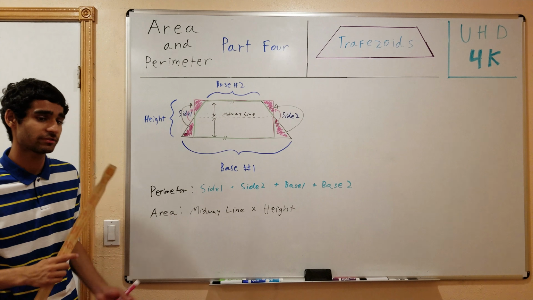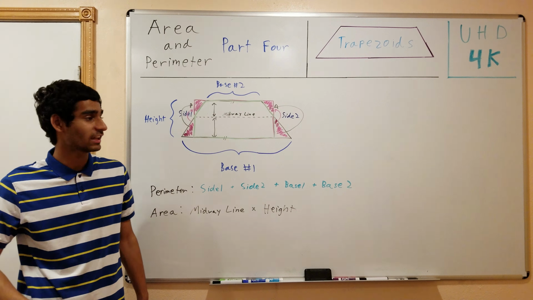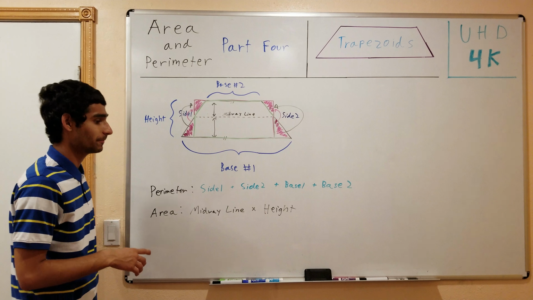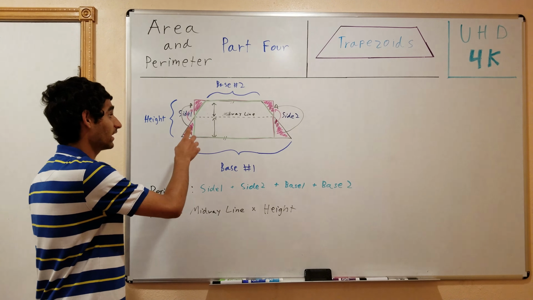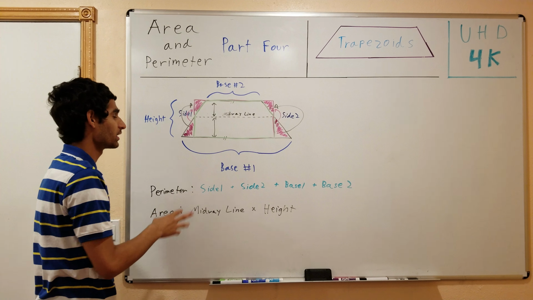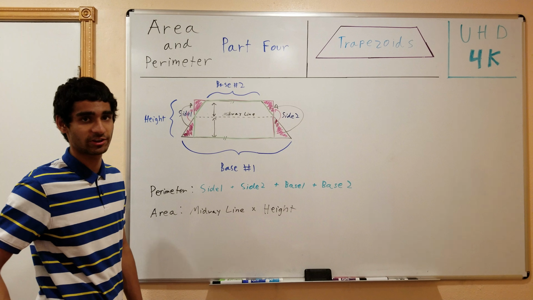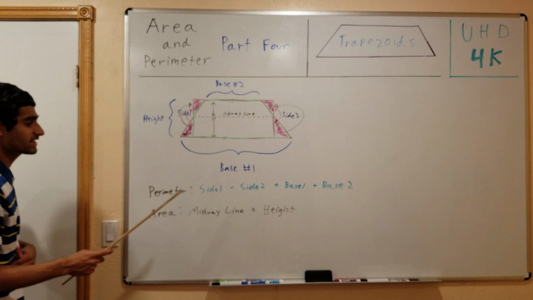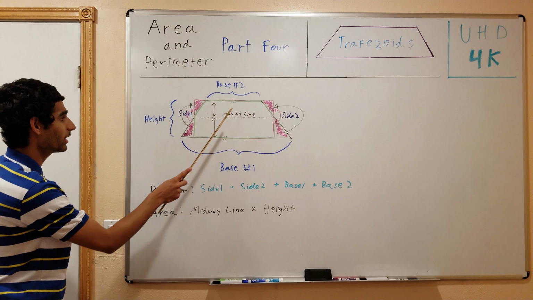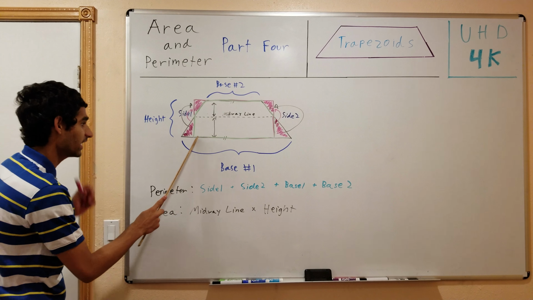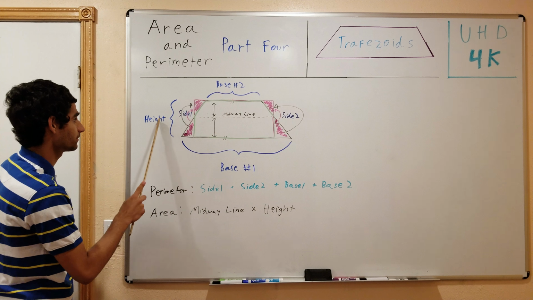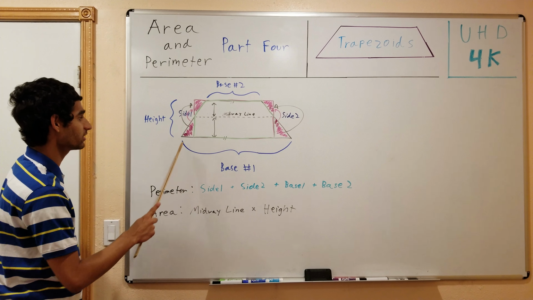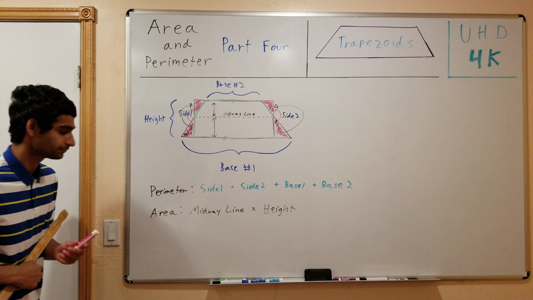So now let me tell you, if two figures perfectly overlap, that means their areas are equal. That means if I have a bucket of paint, I'll have to use the same amount of paint to paint both the rectangle and the trapezoid. They have the exact same area. So you see the rectangle, which is formed by the midway line and the height. So the length is the midway line, the width is this height over here. That area is equal to the area of my trapezoid.